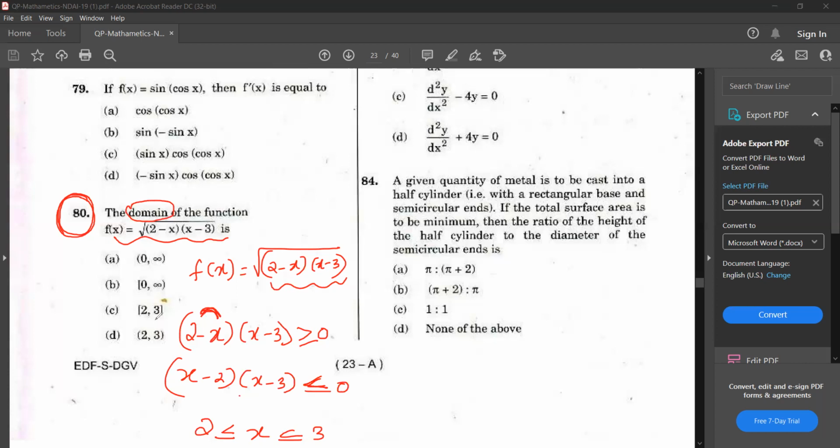Which is the option? Option C, because here less than or equal to is there. So you have to choose the closed interval [2, 3].